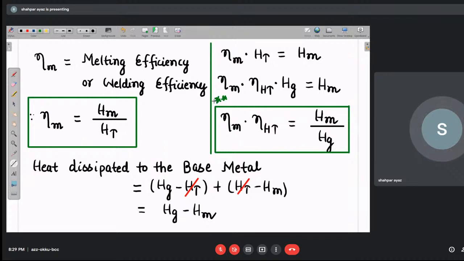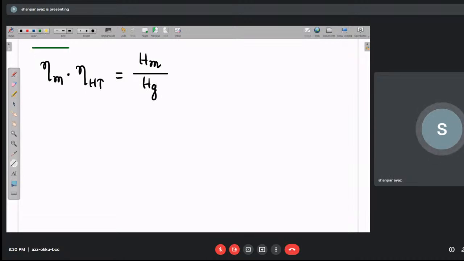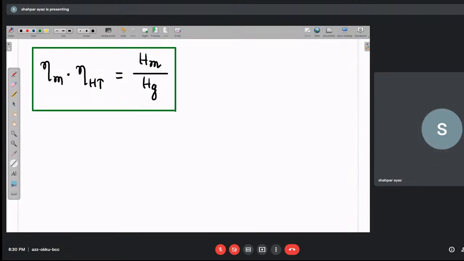So the product of the two efficiencies is nothing but the ratio of amount of heat required by amount of heat generated. That is very, very simple. So this is a very important chapter. Clear, guys? Remember this one.